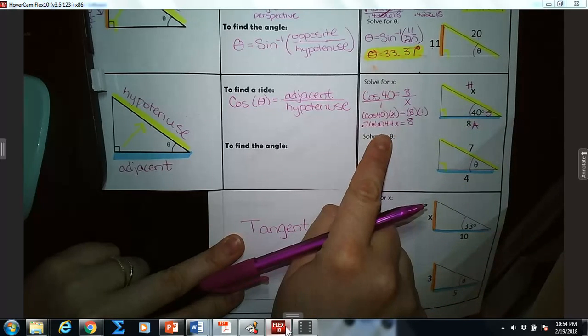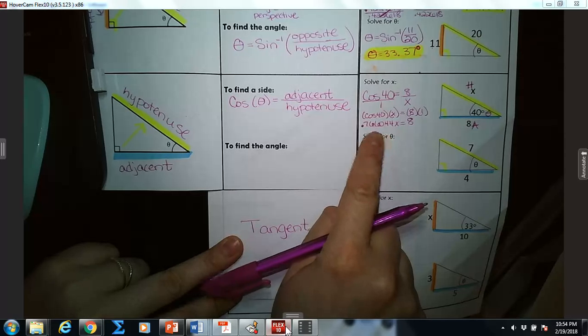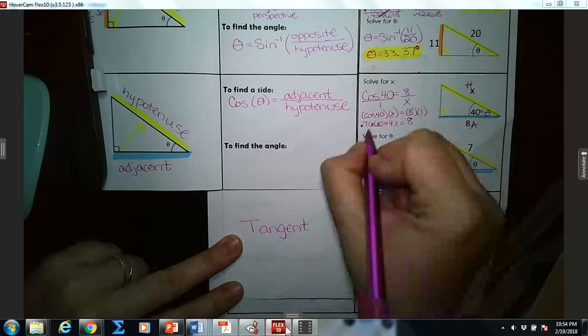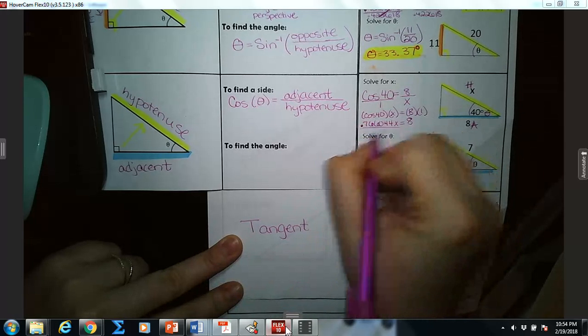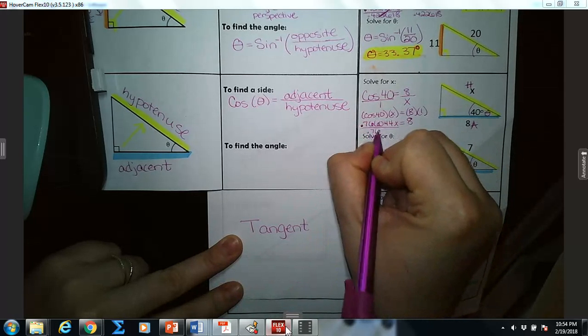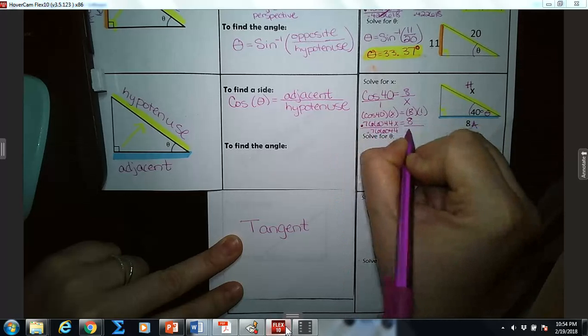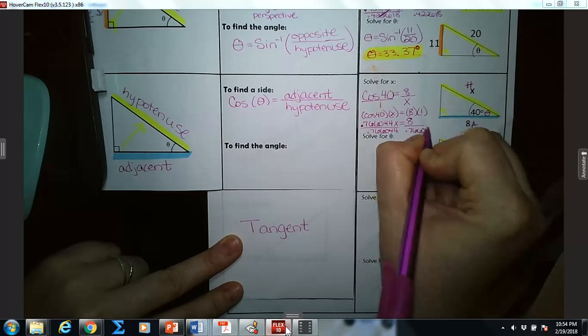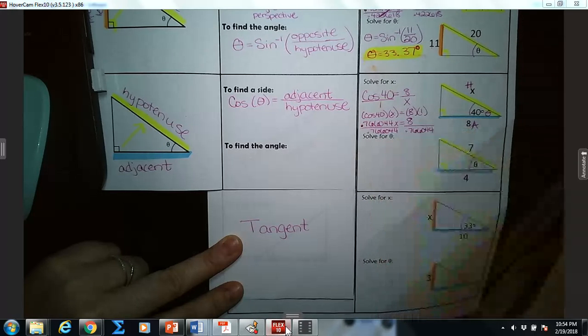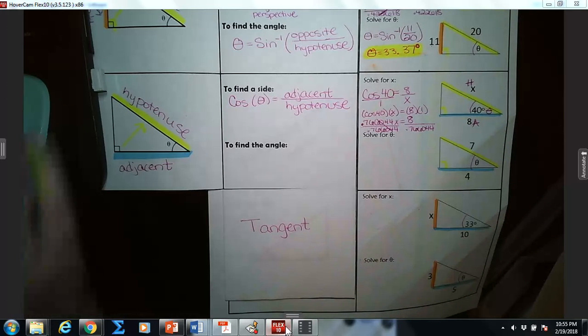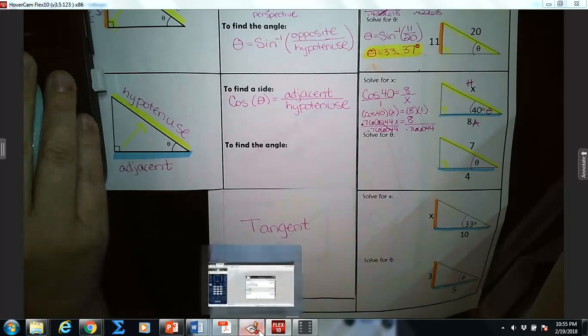And now to get x by itself, I need to get rid of this decimal that's multiplying x. So to do that, I'm going to divide by 0.766044. I'll need a calculator for that for sure.